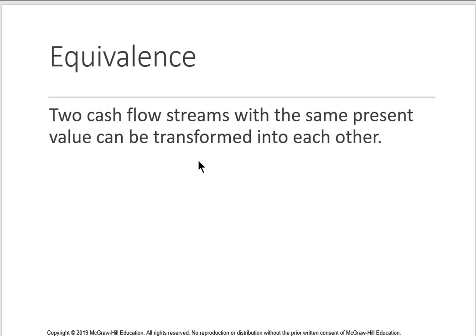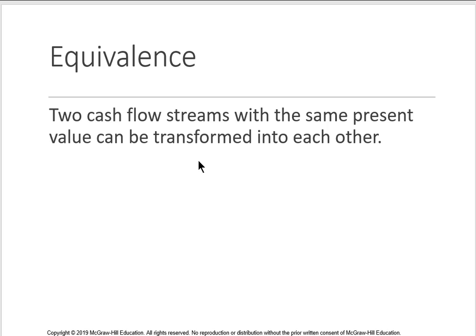Your textbooks talk about something called equivalence. Essentially all they're saying is that there are two cash flow streams that have the same present value. If two things have the same value, you can transform them any way you want and you will get the same answers.